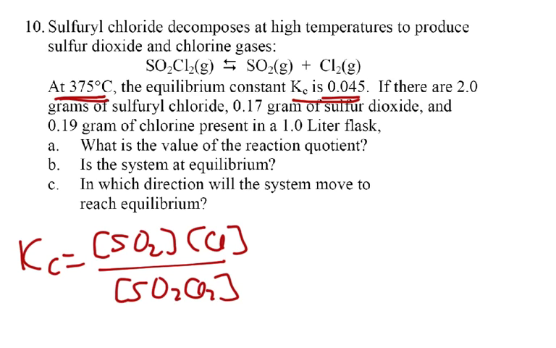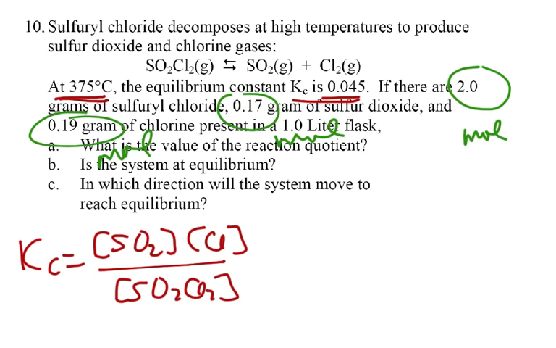Well, the only different thing on this one than our other problem is that this time we're talking about grams and grams and grams of our three chemicals. So you're going to have to change each one of these to moles, and it is a 1 liter container.